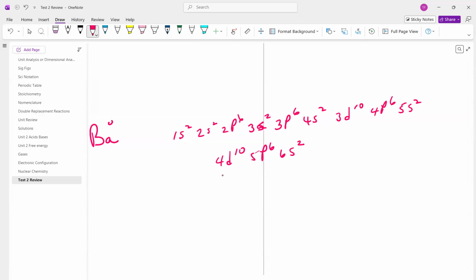Okay, so let's do the orbital version of that. And let's only look at this part, starting at the 5th shell. So this is what it's going to look like, because everything else is all full. So none of those electrons are going to come off or be captured. Okay, so we're going to look at 5s2, 4d10, that's 5 of these now.